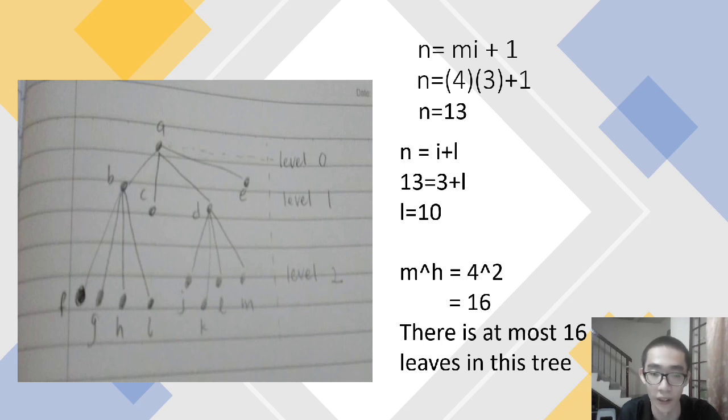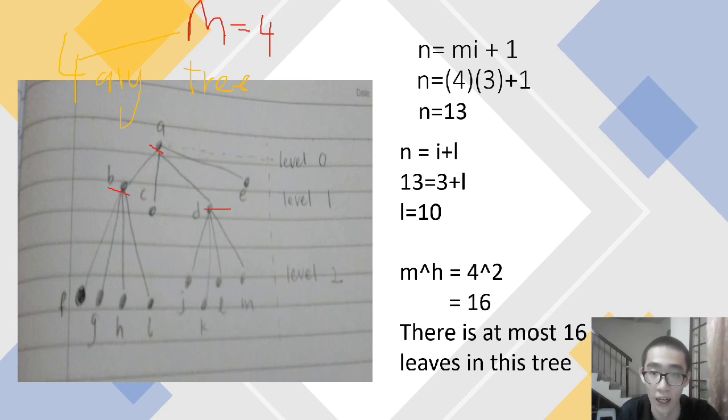Based on the properties in the previous slide, this diagram is a full 4-array tree. So m is equal to 4. How many internal vertices does this tree have? It has 1, 2, 3.